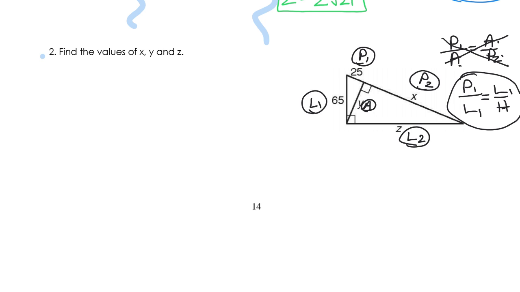All right, so our projection 1 is 25 over leg 1, which is 65, equals the same leg 1, which is 65 again, over our whole hypotenuse. So our whole hypotenuse, how we've been doing is that we add the parts, and so this becomes x plus 25.